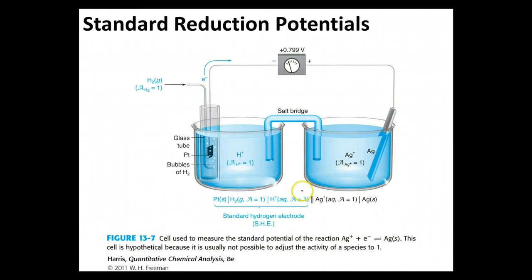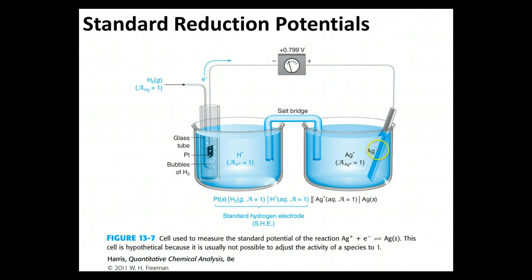So we'll just pretend that we're in a dilute enough solution that the activity coefficient was 1. That means molarity is about 1, but we'd have to be a bit more specific than that if we're doing high quality work. So molarity roughly 1, activity exactly 1. Then we have our salt bridge. Then you see that we hit another solution of silver ion with an activity of 1. And then we have a bar of silver metal.